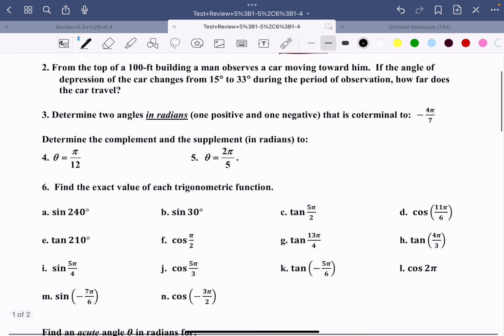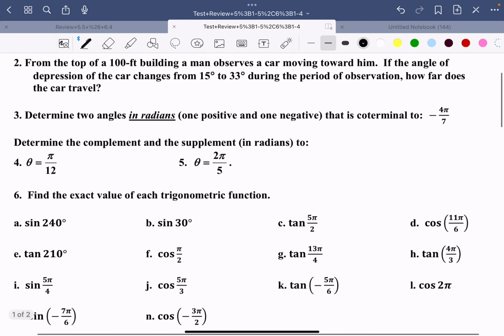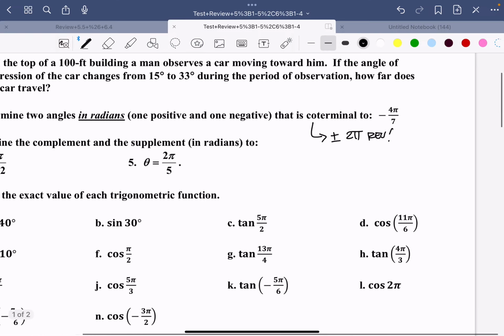Determine two angles in radians, one positive, one negative, which are coterminal. Remember, when we do coterminal, we're doing plus or minus 2 pi because that's a wasted revolution, right?